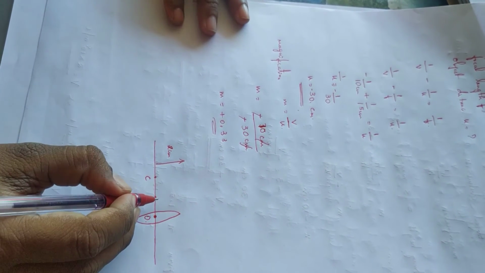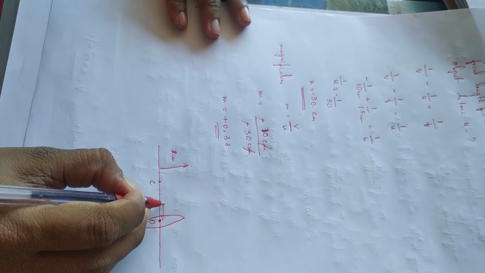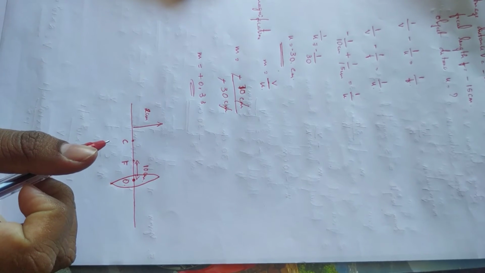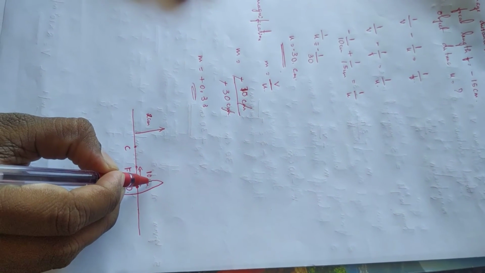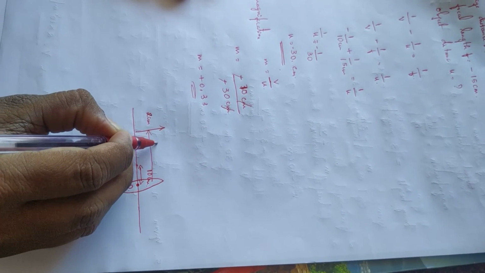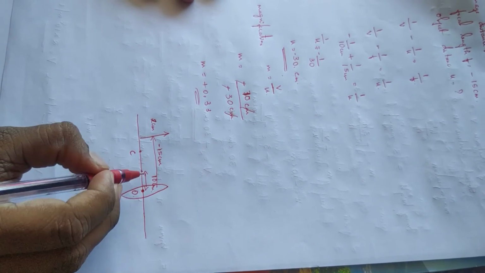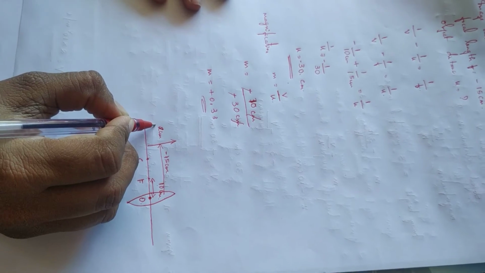And this is the focal length, which is 10 centimeter. The distance of the object from the lens, this object distance, is 15 centimeter. If you go to the sign convention, this is minus and these things are plus. You have to check the sign convention rule.